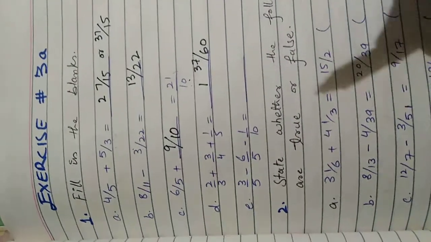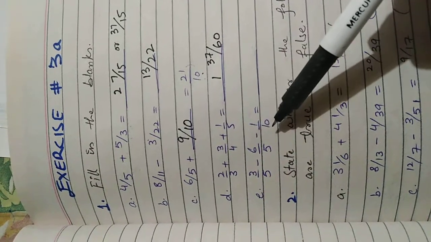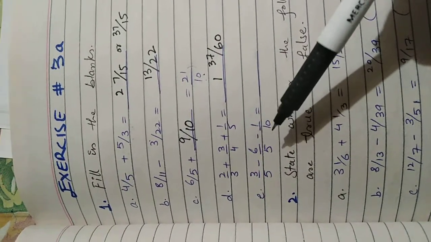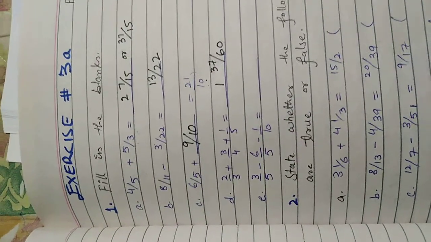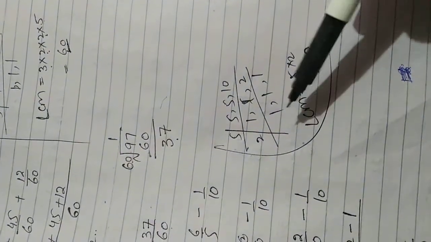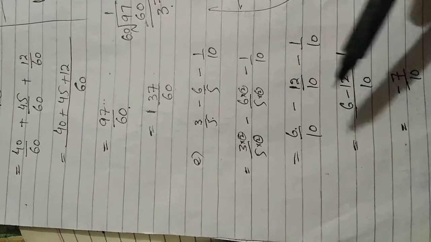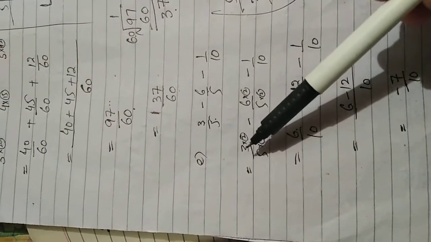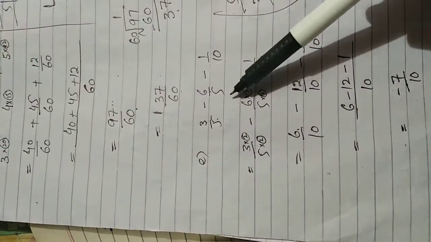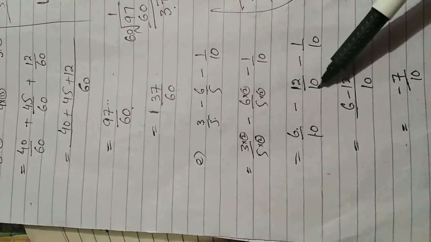Now part E is 3 by 5 minus 6 by 5 minus 1 by 10. First we will find the LCM of their denominators. LCM of their denominators is 10. We write equivalent fractions of 3 by 5 and 6 by 5, that is 6 by 10 and 12 over 10.